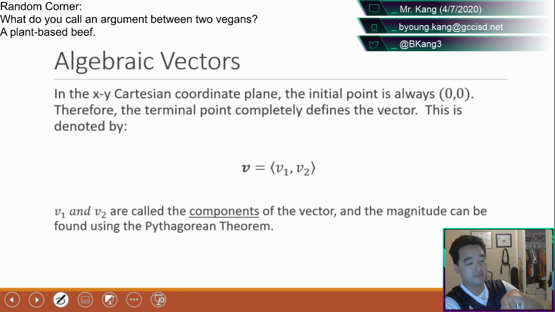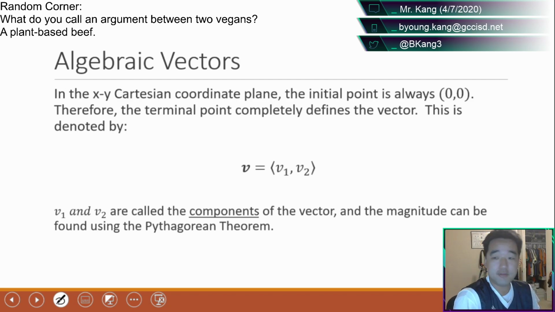So if from your starting point you go right 4 and up 3, and you move the initial point back to 0, 0, the end point has to be 4, 3, because you have to go over 4, up 3. So we can define vectors basically all the time as the initial point being on 0, 0.